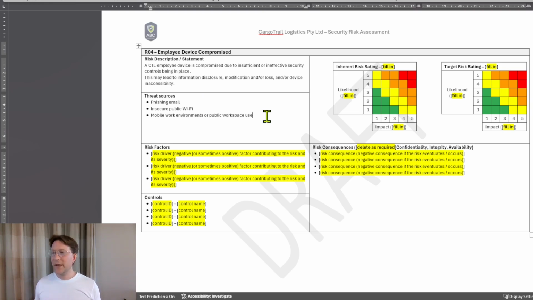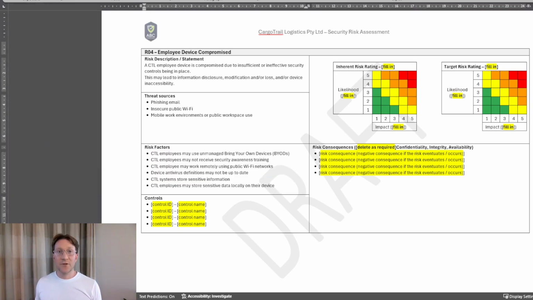And then if you have people in a public workspace, maybe they're working from home, something like this, you really don't know who's around you and who might use your device if you've left it unattended, who might be looking over your shoulder and seeing what you're doing. They might see you type in a password, for example. In terms of risk factors, we may have employees using unmanaged bring your own devices, BYODs, where we don't know what they've got. We don't know if they have any antivirus.